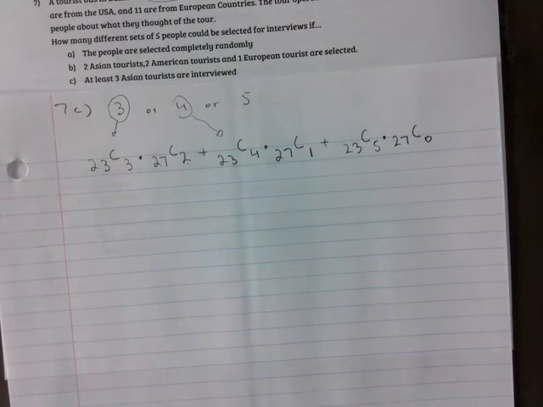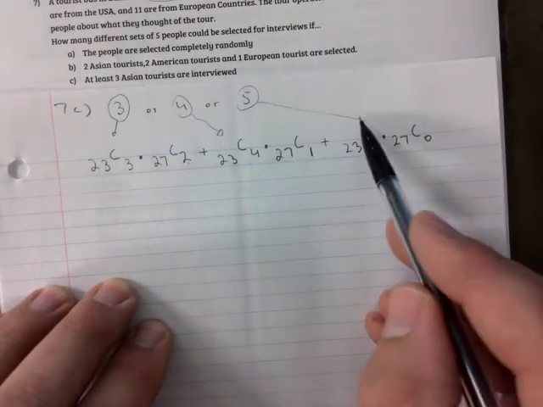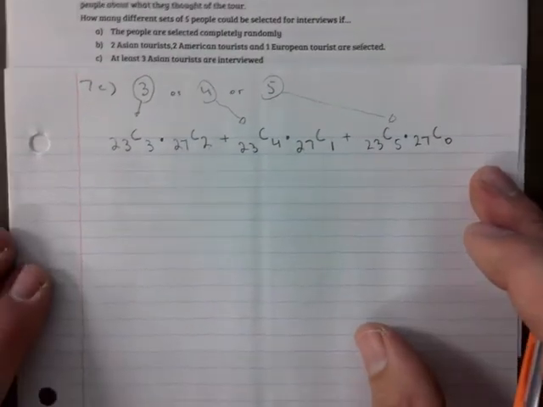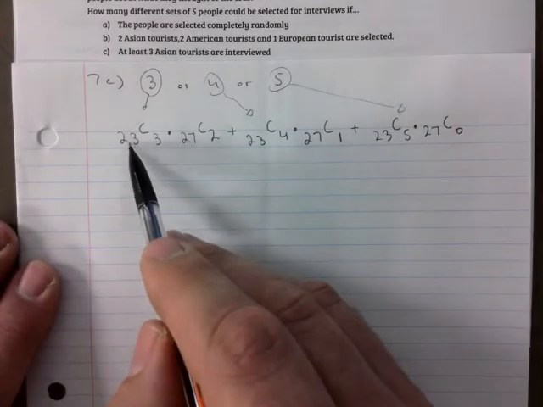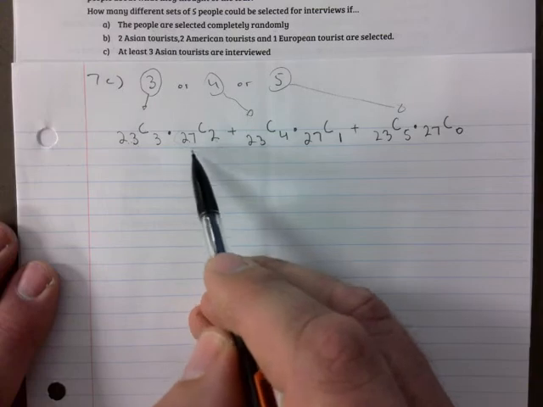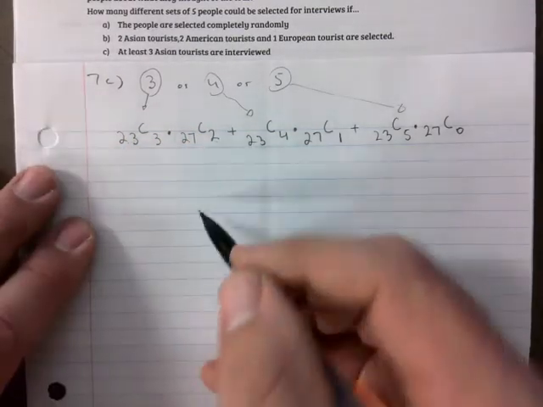It's basically irrelevant, this choose 0 is going to be 1. But I still think it's valuable to understand how things are happening. I also need you to understand that this does not affect the number of non-Asian tourists, because this is a completely separate category from this one.